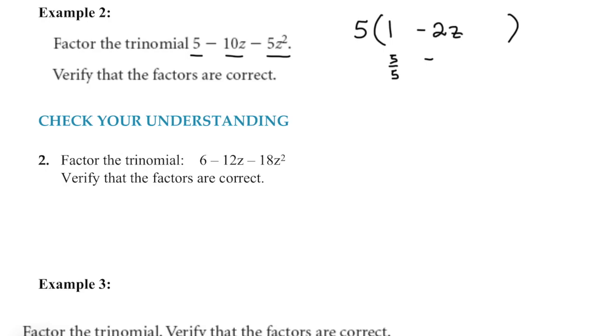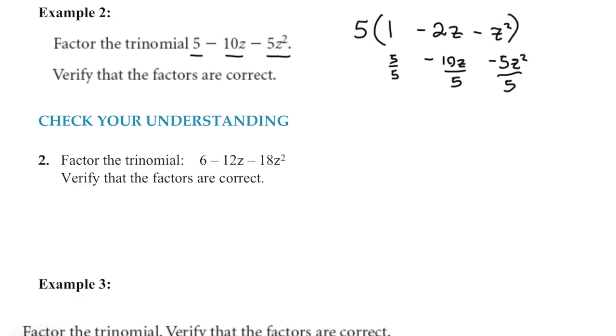Or you could think negative 10z over 5. And then the third term is 5 times what is 5z squared? Well, that's just z squared. So minus z squared. Or you could do it this way as well. Minus 5z squared divided by 5. Okay, and that should be factored.